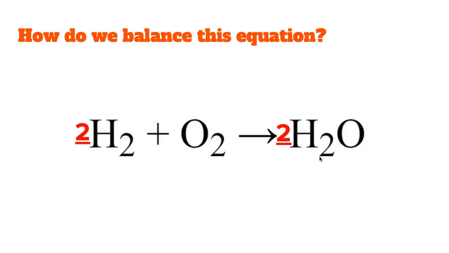To do that, all we need to do is put a 2 in front of this water molecule, and then another 2 in front of this hydrogen. By doing that, we have 4 hydrogens and 4 hydrogens here, so 2 times 2 and 2 times 2. Since we don't want to change the oxygen because we already have 2 here and 2 here, we're not going to add a coefficient over here.